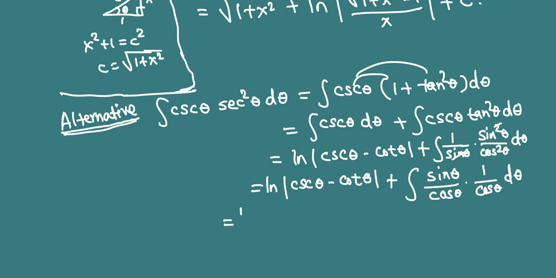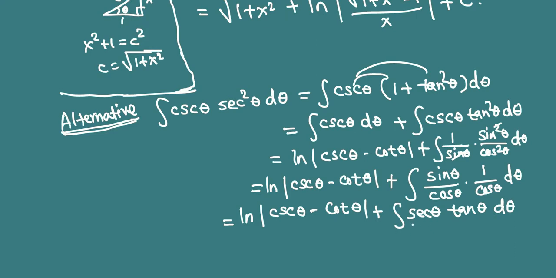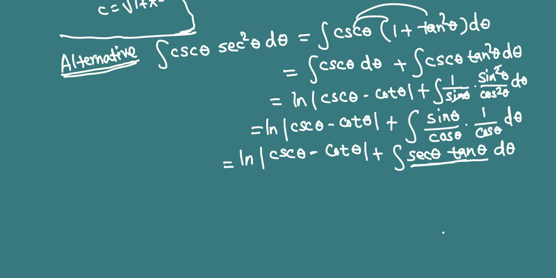So natural log of cosecant theta minus cotangent theta plus, 1 over cosine is secant, sine over cosine is tangent. Now the integral of secant times tangent; this is well known, secant times tangent is the derivative of secant.